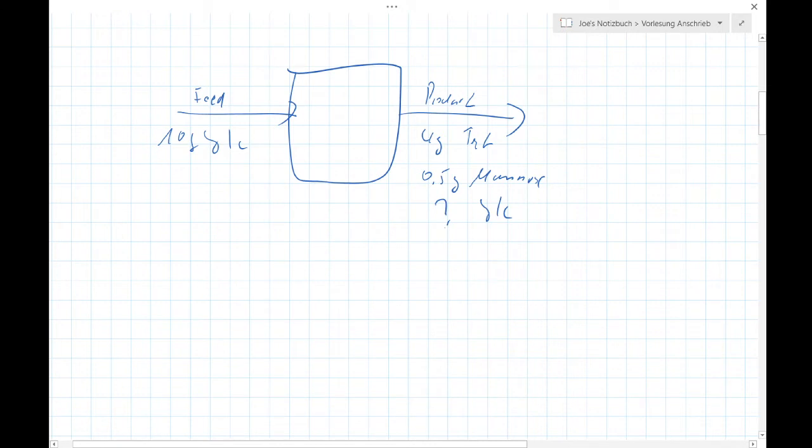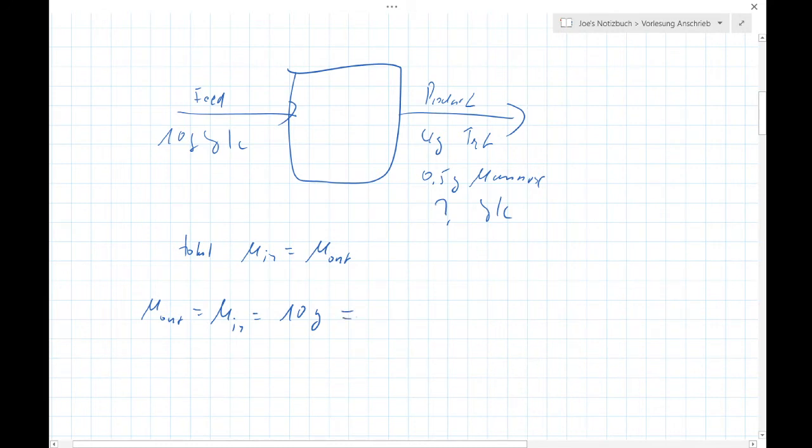So you see that you first have to finish the mass balance before you can start doing the calculations. The total mass balance is M in equal to M out. So M out is equal to M in, which is 10 grams. It's per hour maybe, but we don't care.